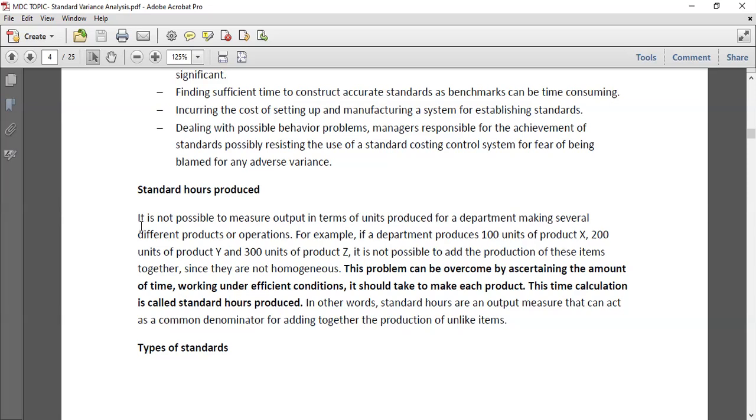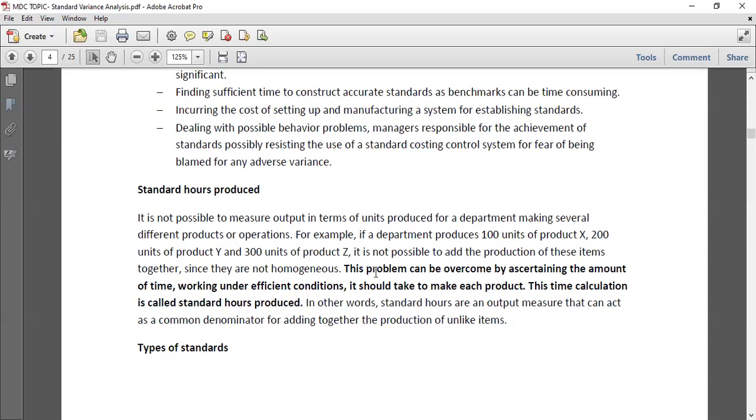But a case in point is where we have a department that produces 100 units of product X, 200 units of product Y, and maybe 300 units of product Z. We cannot easily add the units, 100 plus 200 plus 300, to get 600 units. We cannot add this because these products are not homogeneous in nature. They are not the same products.